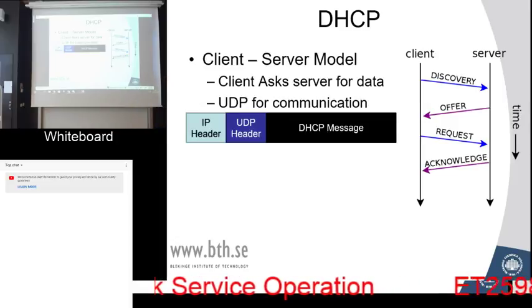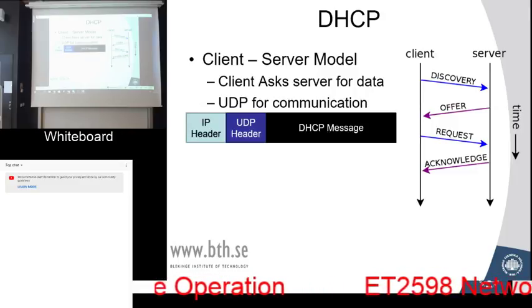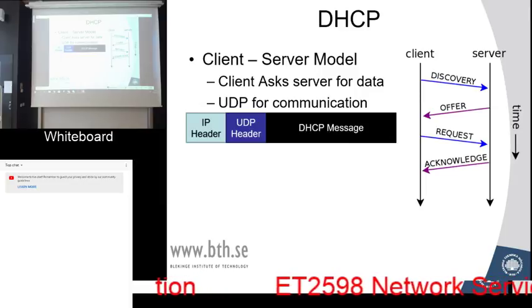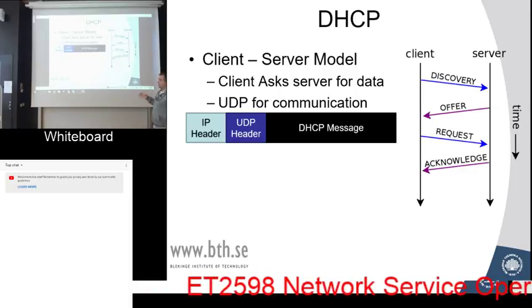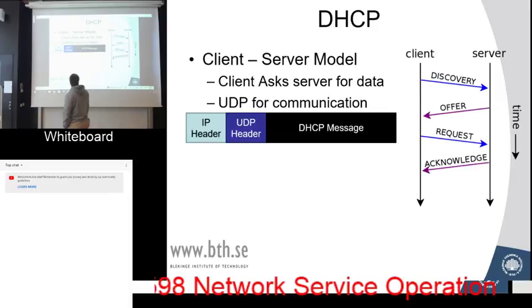If it knew its network, it could at least send on the network address, but it doesn't know that. So it sends a message to 0.0.0.0, quad zeros, or the equivalent in IPv6, UDP port 68. The message is discover.